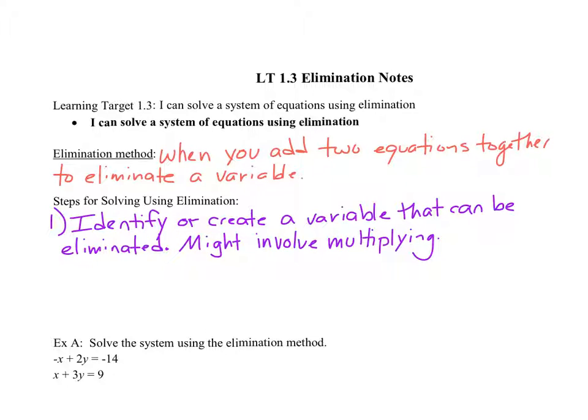So step 2 is you're going to add those two equations together. So add equations. Step 3, solve for the remaining variable.